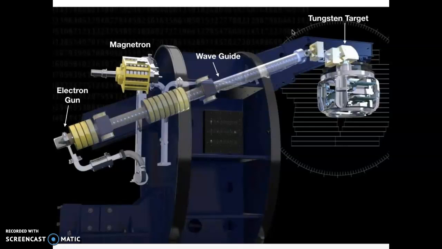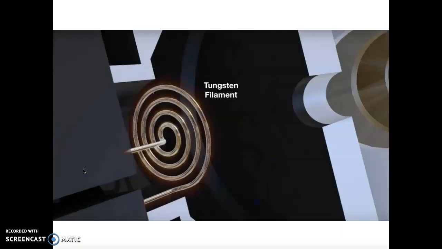So the first step of a linear accelerator is the electron gun. We're going to zoom in here on this part of the linear accelerator to what's called the tungsten filament. This is just a coil of tungsten metal, and they run electricity through this tungsten filament, which heats it up, and that produces electrons.